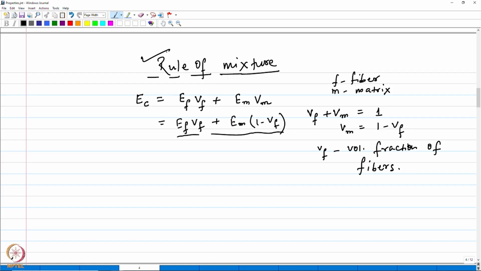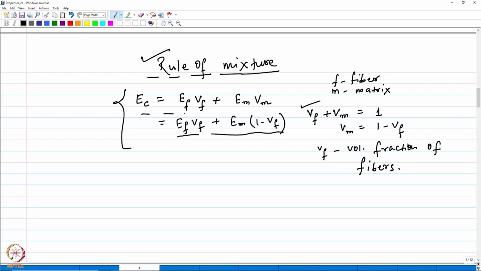Okay. So, in a fiber reinforced composite, we have seen that if the volume fraction Vf is known, then the property of a composite, for example, let us say the elastic modulus, can be estimated by this rule of mixture equation that we have over here.